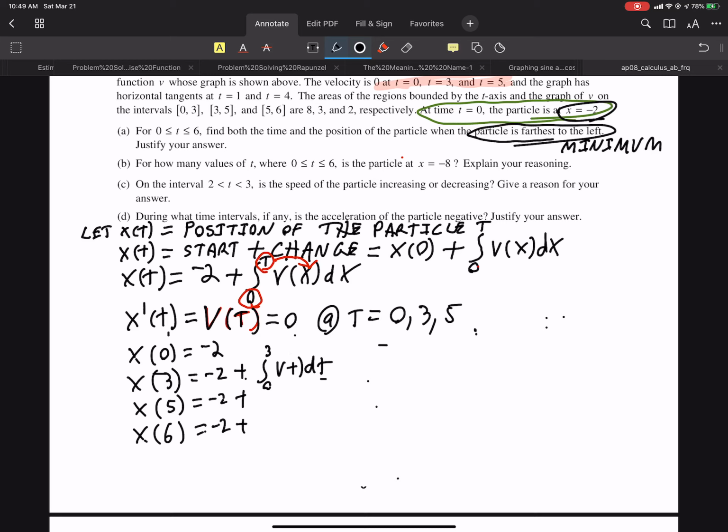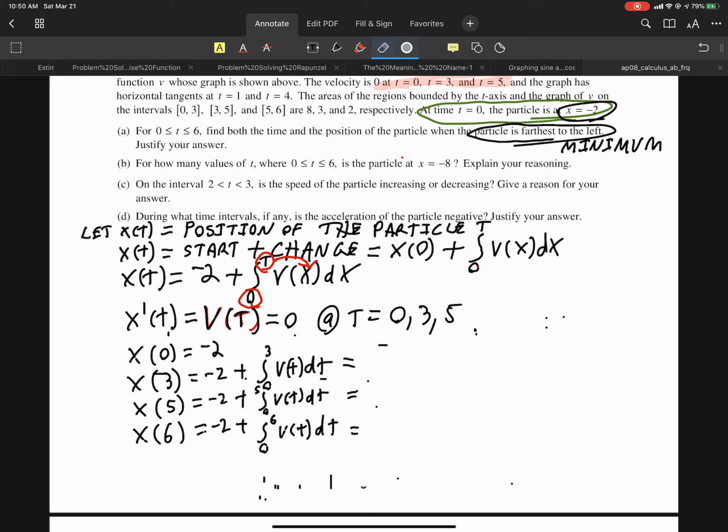And this one will be from 0 to 5. And the last one, we want the change in position from 0. I don't know why those marks are appearing randomly on the screen. Really strange. I don't know what's happening.